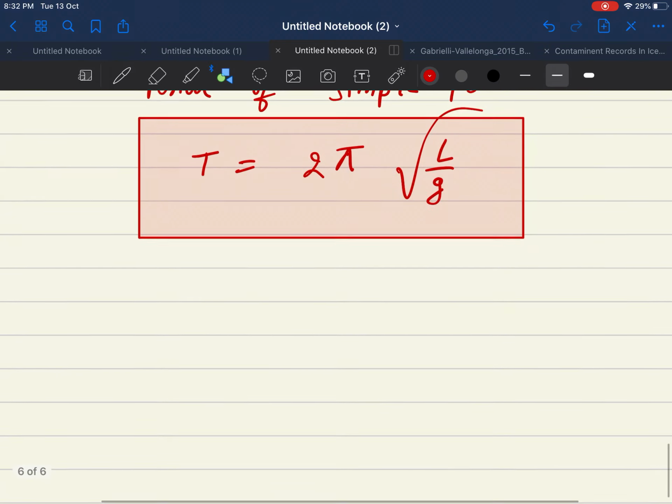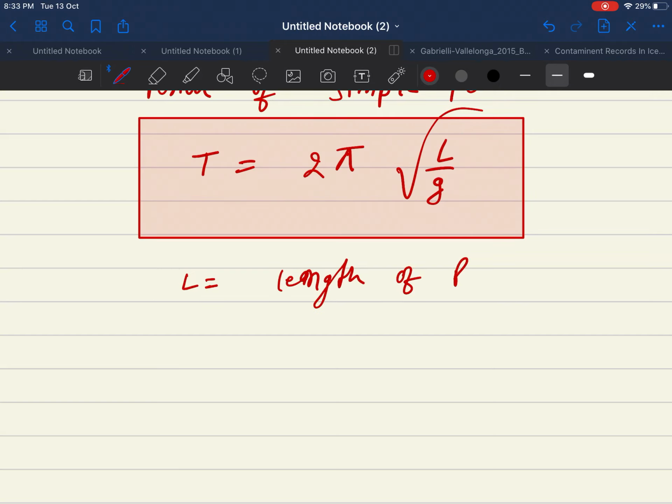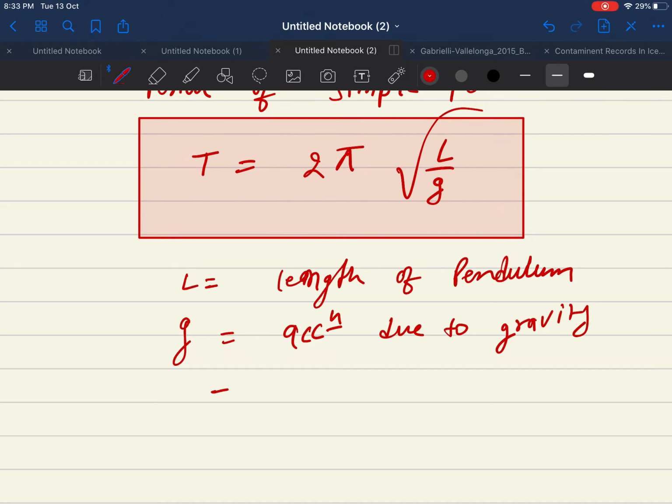Here L is the length of the pendulum, g is the acceleration due to gravity, and T is the time period.